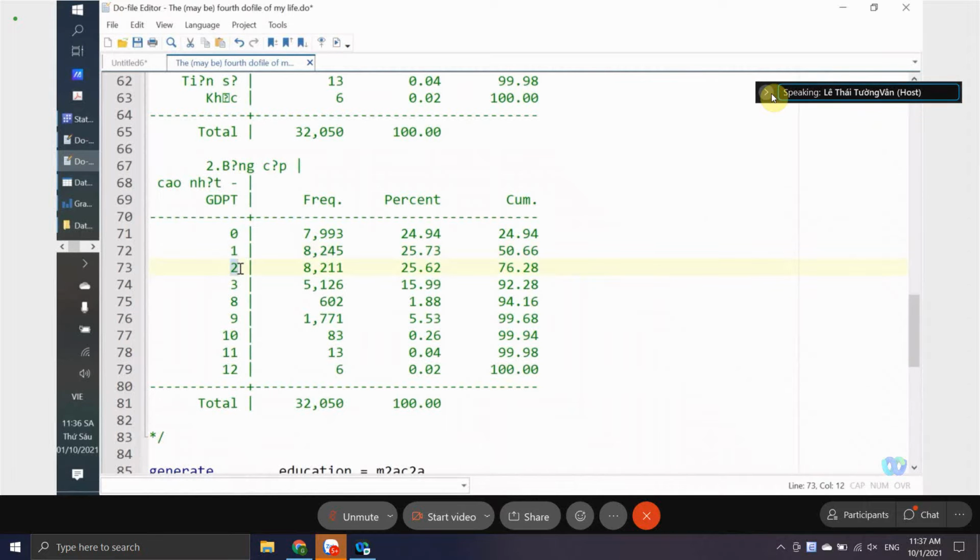This is very important, please follow me. So whenever you reach a new level of education, the variable education increases by 1 unit. And then it jumps from high school to cao đẳng, that is a bachelor degree, it goes to 8.